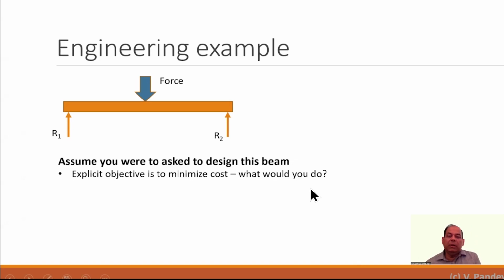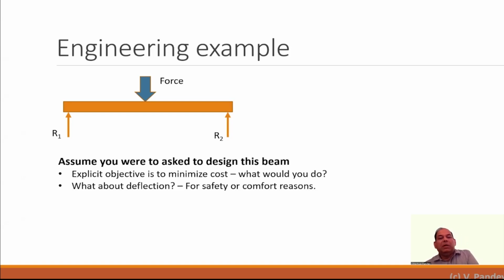Okay, well, maybe you'll use alloys that are cheap. Maybe you'll use smaller dimensions, so on and so forth, right? What if you said, I want to minimize deflection? So now suddenly you're thinking performance, and then you would say, okay, well, I would maybe make it of a more sturdier material, more rigid material.